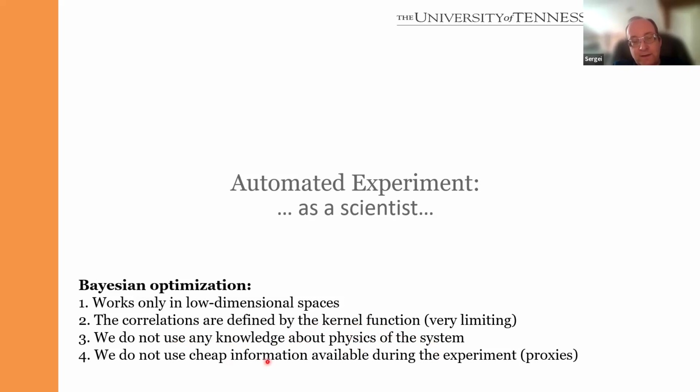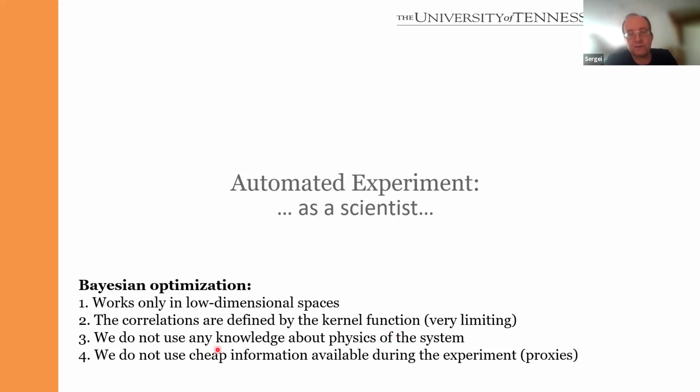Then the final thing is that very often, and I'll talk about it later, but since we here want to summarize the limitations of classical GPs, we are very often not using cheap information available during the experiment. For example, if I want to synthesize a material using a pipetting robot, I have my plate of synthesized crystals. And very often I will know whether the experiment was successful or not even before doing the detailed photoluminescence measurements, simply because if the experiment didn't work well, I have a yellow precipitate of lead iodide.